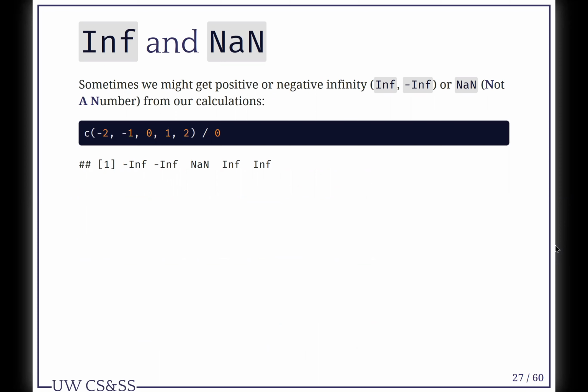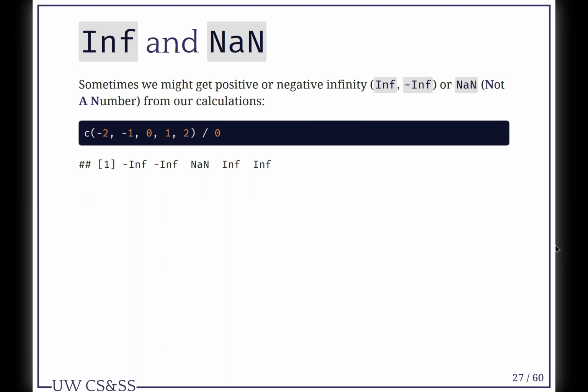A little bit about Inf and NaN. Sometimes we might get positive or negative infinity. This will be represented by capital Inf or negative capital Inf, or NaN, which means not a number, for our calculations. So let's say we have this vector -2, -1, 0, 1, and 2, and we divide it by 0. We'll get negative infinity for the first two elements, not a number for 0 divided by 0, infinity for 1 and 2.